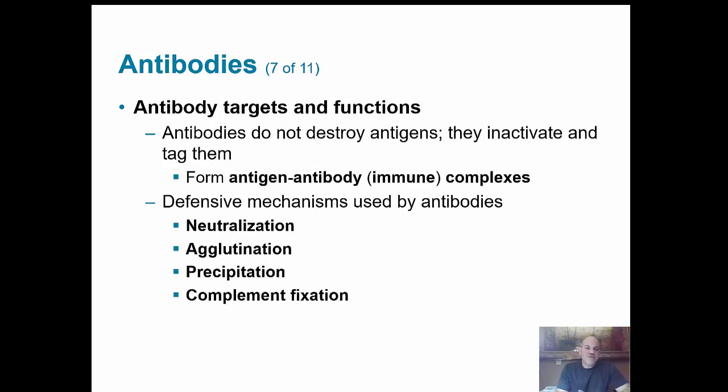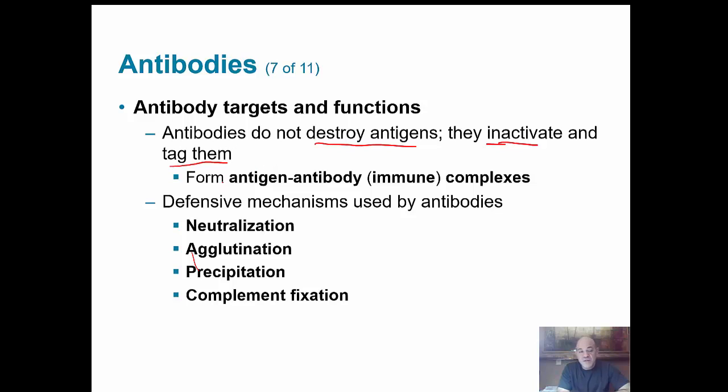So antibodies, what they target and how they function, it's important to remember that antibodies do not actually destroy the antigens, but instead they're going to inactivate and tag them. So they can inactivate an antigen and tag them for destruction.